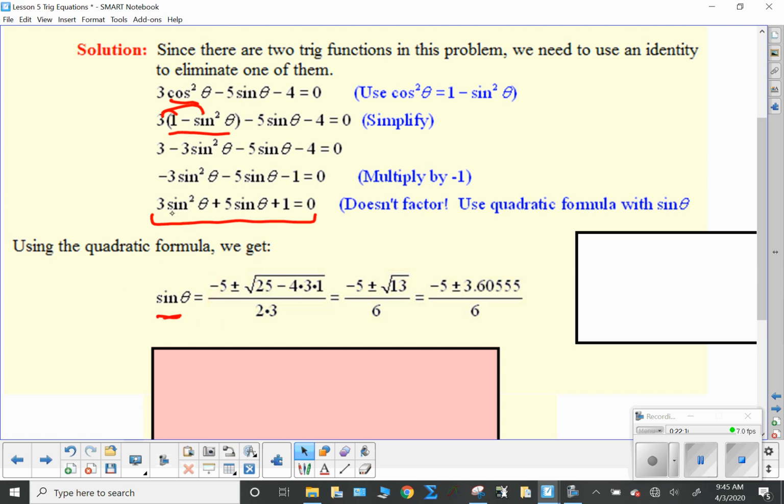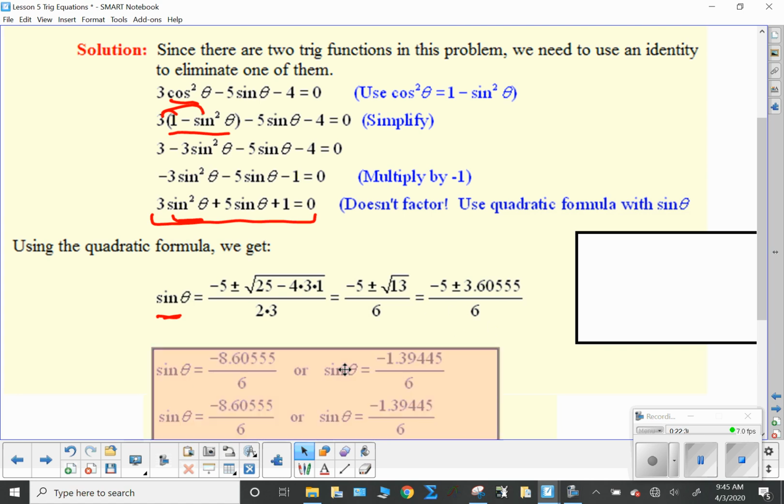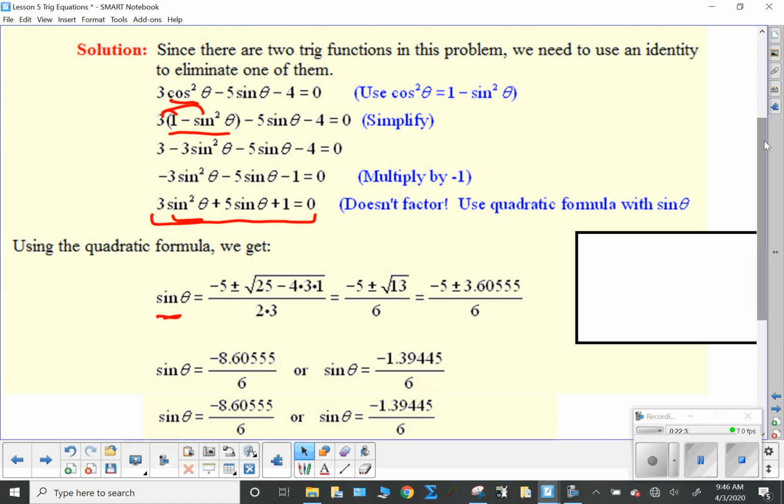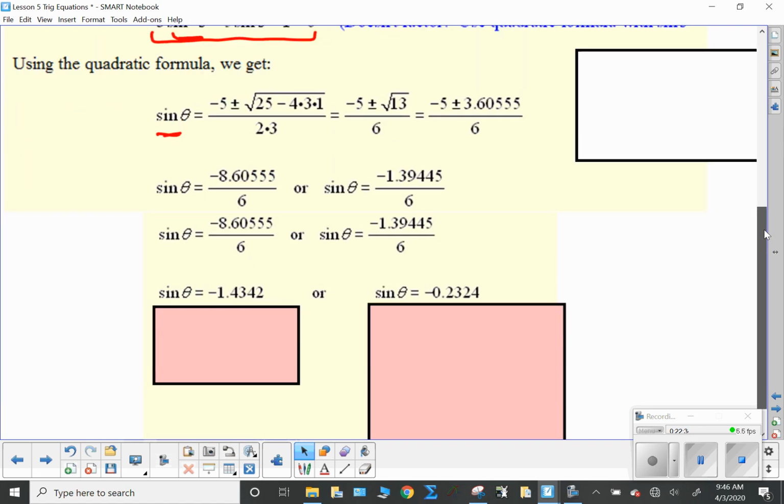Sine theta is equal to negative 5 plus or minus square root of 25 minus 4 times 3 times 1, all over 2 times 3, and we get our answers. Now, notice, this is pretty ugly looking, right?